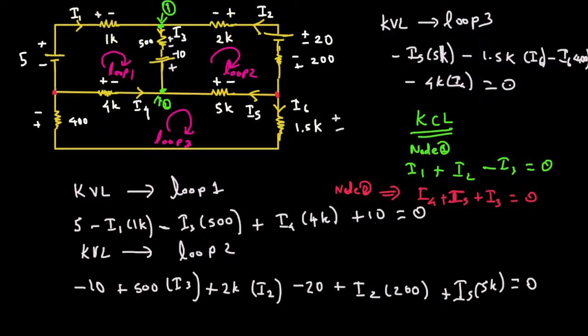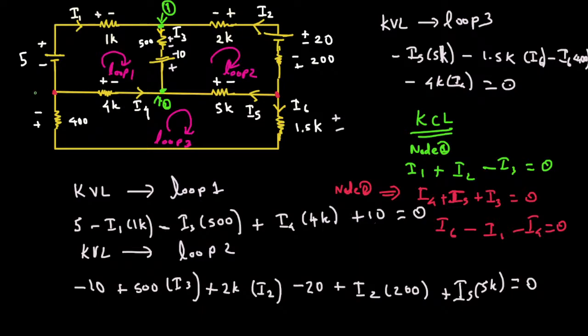Okay, and then we can consider this node and this node as well. If I take a look at this node, which I consider node 3, here I1 is exiting, I4 is exiting, and then I6 is entering. So we can say I6 minus I1 minus I4 is equal to 0.